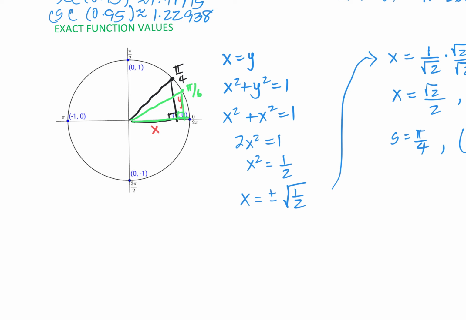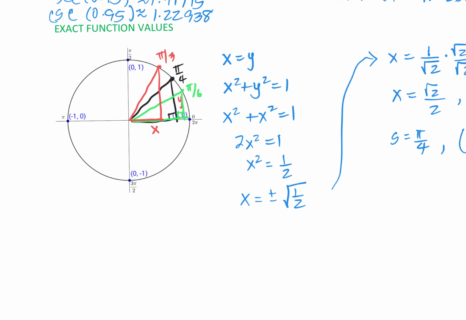If we were to look at this value of pi over 3 and drop ourselves a right triangle there, we would get an x value of 1/2 and a y value of square root 3 over 2 once we did our little distances and proof.